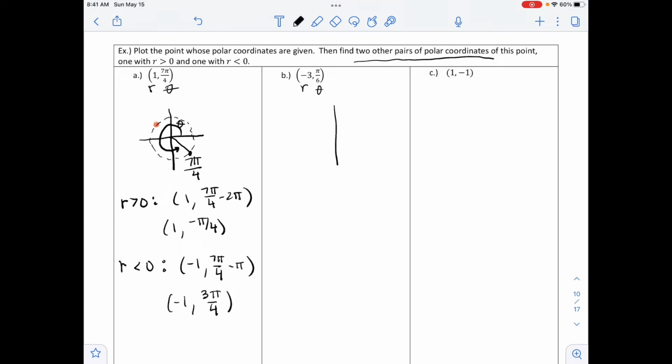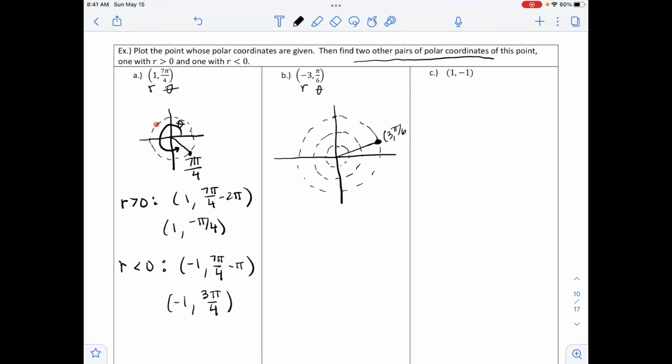Sketching the polar coordinate plane, I know that the radius is negative, but it's also 3. So our radius has to be 3, so I need to make 3 circles to show what that radius is. Making my third circle is where that point would be. π over 6 is a small angle, so right here would be π over 6, with a positive angle.